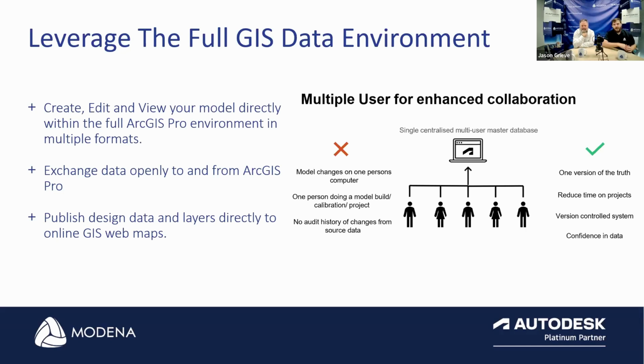Now, we can even start accessing live layers from ArcGIS Online, where we can bring in those web maps, whether it be aerial photos, contour data, building outlines, or any existing services from there. So this really collaborates a lot better than using 3 different external third-party softwares.